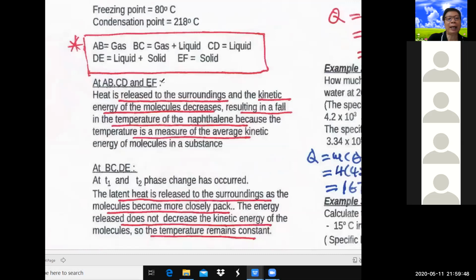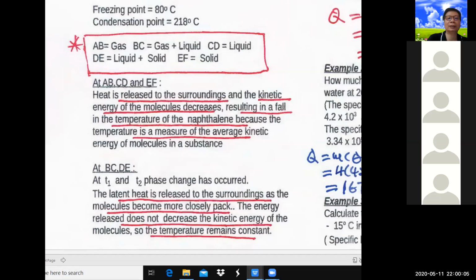A, B, C, D, E, F, right? Now, when you cool down, you release the heat. Heat is released to the surrounding and the kinetic energy decreases. Remember, when you release the heat, your kinetic energy becomes less.